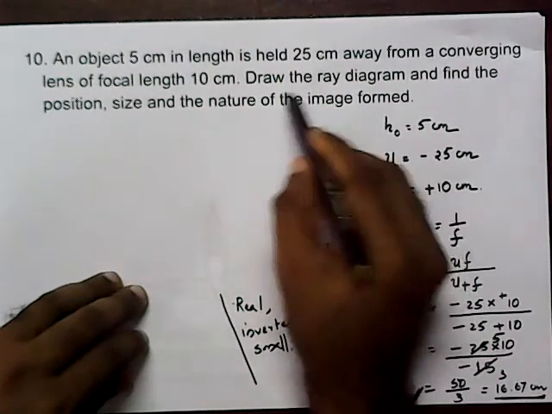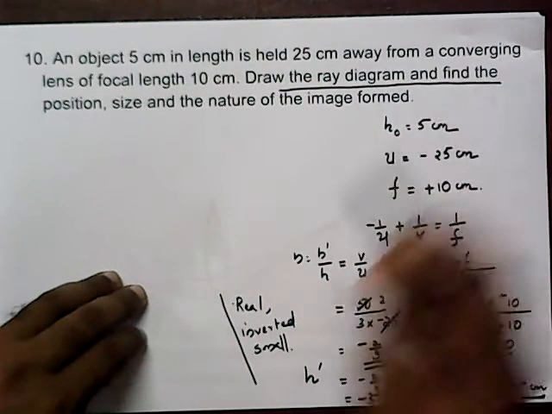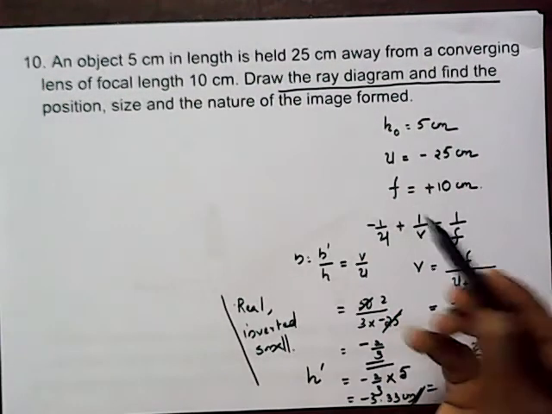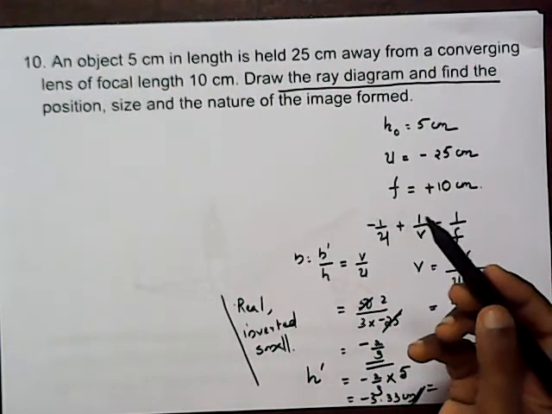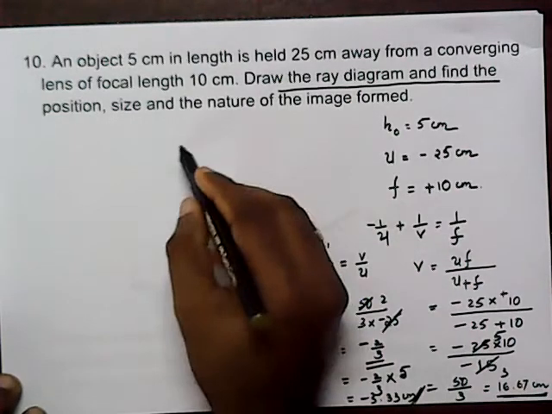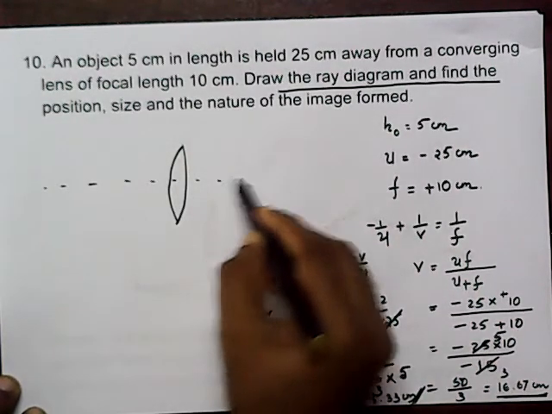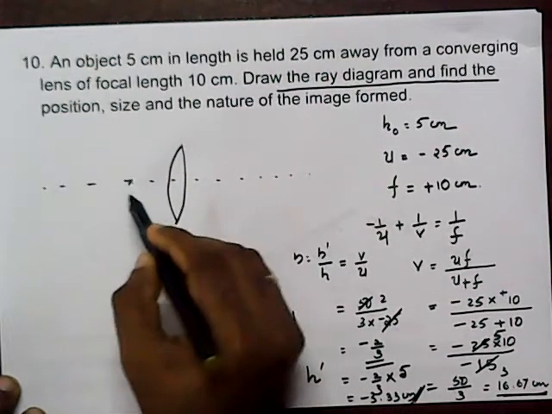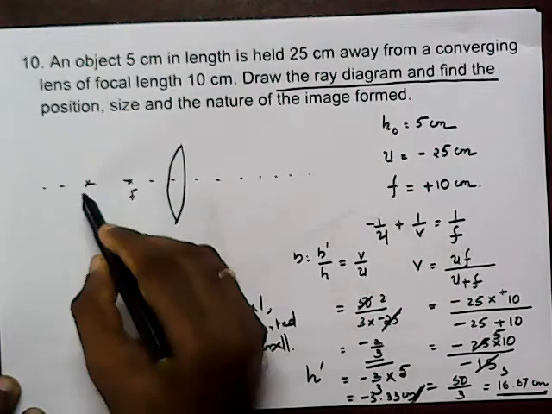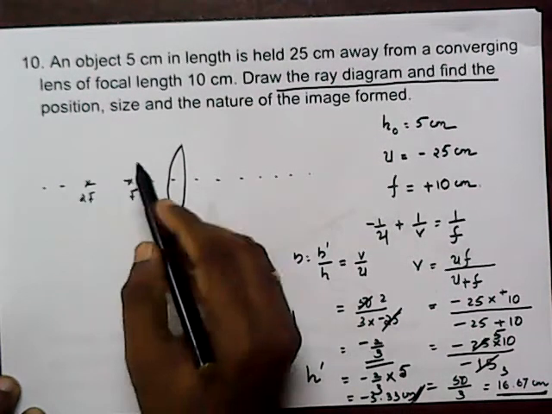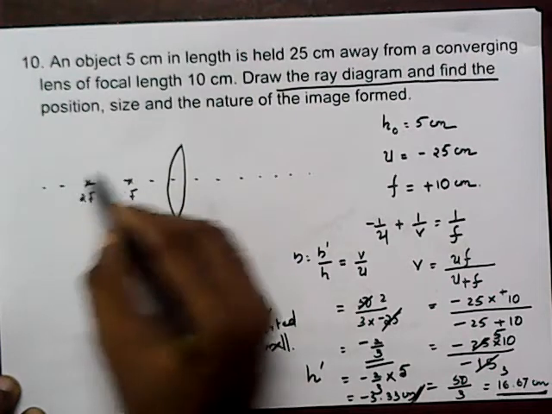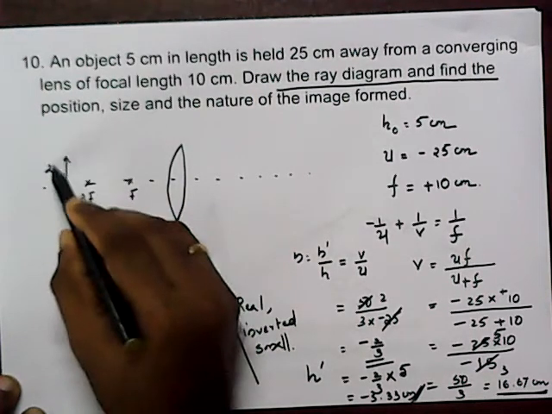Here draw the ray diagram also. We can simply draw the figure. Here the converging lens is placed. The focal length is 10, so 2f becomes 20. Beyond that the object is placed at 25 centimeter.